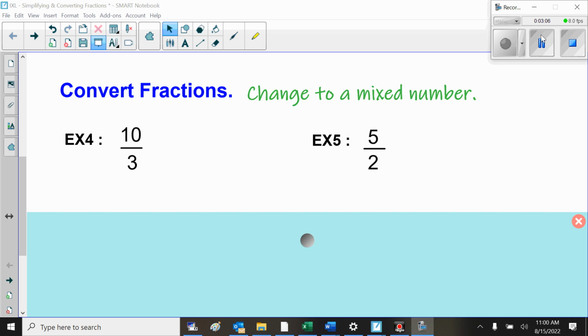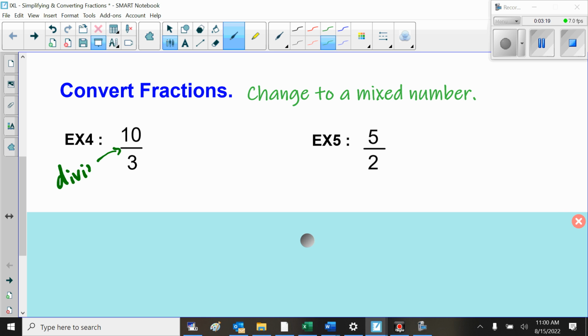To change to a mixed number, we want to divide. Now, I want to remind you that that fraction bar also means divide. So, not only does this say 10/3, this also says 10 divided by 3. Is everybody clear with that?